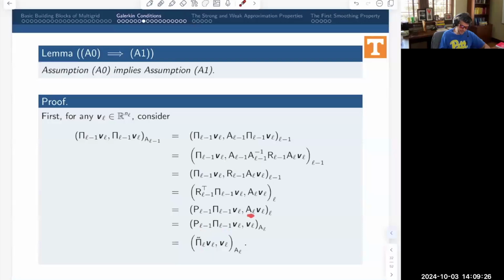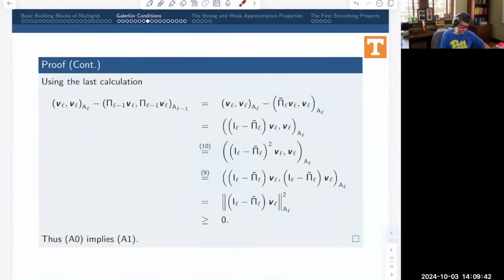I can move this out of this canonical inner product and create an energy inner product. And so clearly, if this is pi L tilde, what I get in the end is pi L tilde VL, VL, AL. So that's the first step I need.